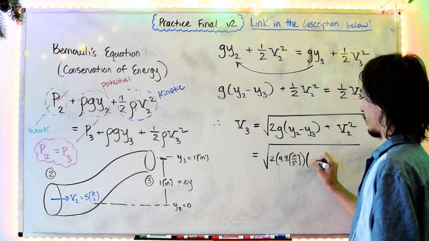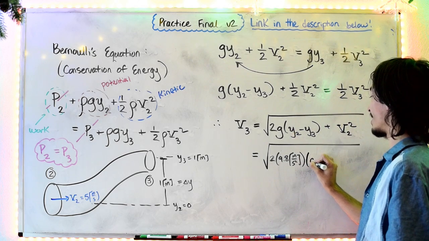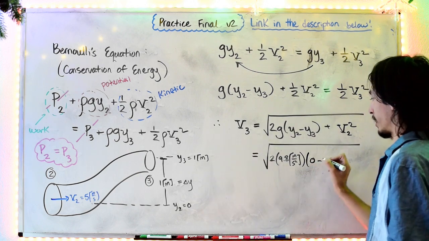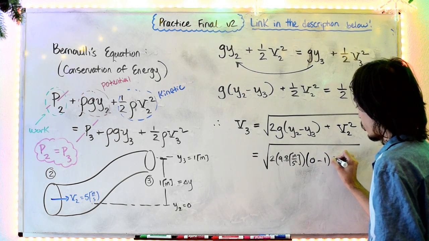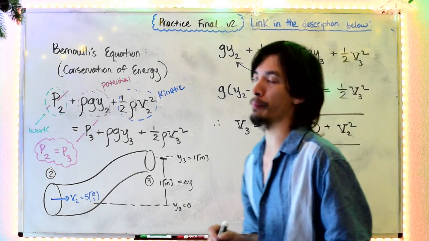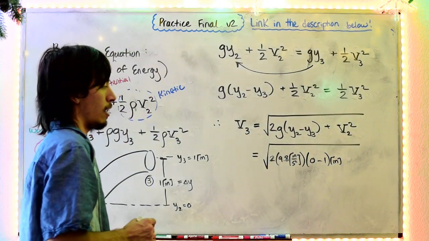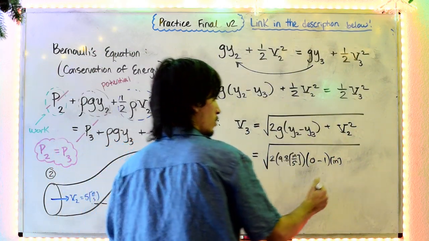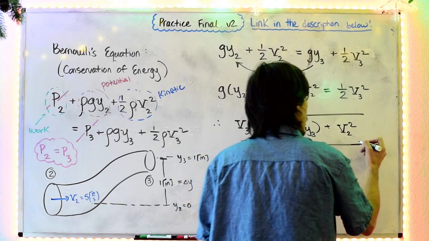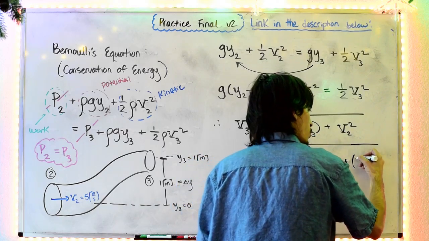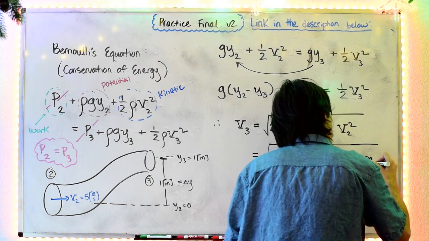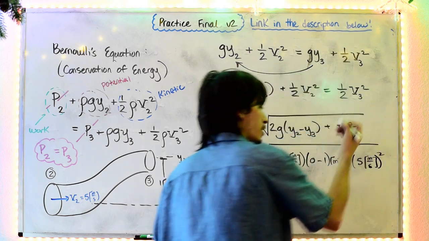So I'll just write it out: y2 is 0 minus y3 is 1. The algebra is indicating I'm plugging it in the other way around, so that ends up yielding a negative answer. And then plus the original speed, which was 5 meters per second. And then don't forget to square that.